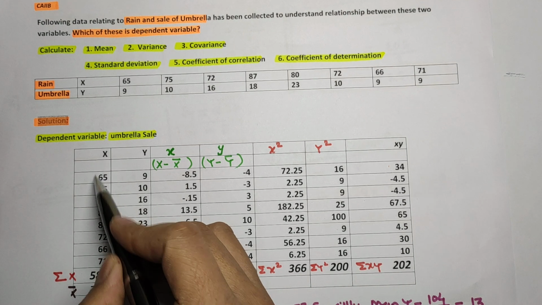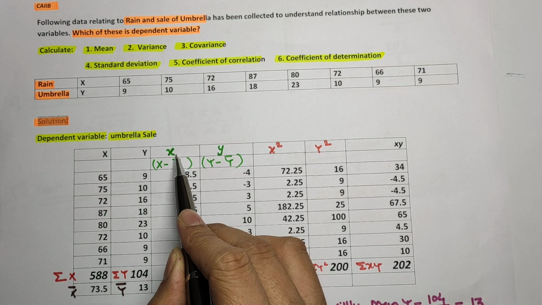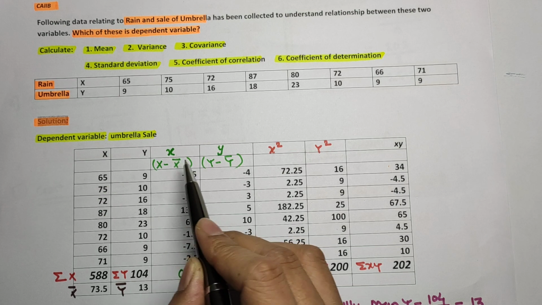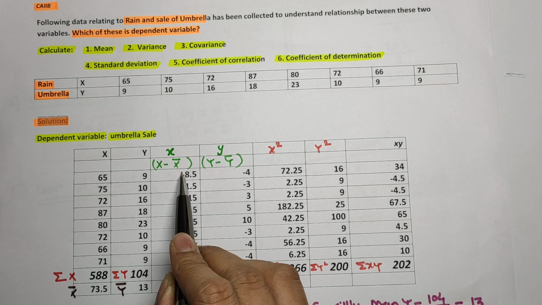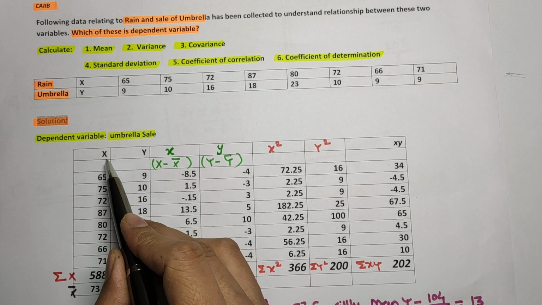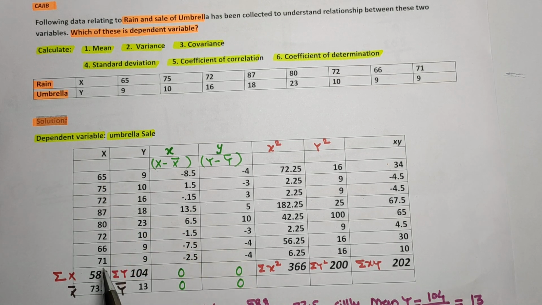So friends, after x and y we have to find small x. What is small x? Small x is nothing but capital X minus x bar. So friends, see here, this is x. Using a simple calculator you have to add all the values. You will get summation of x as 588.